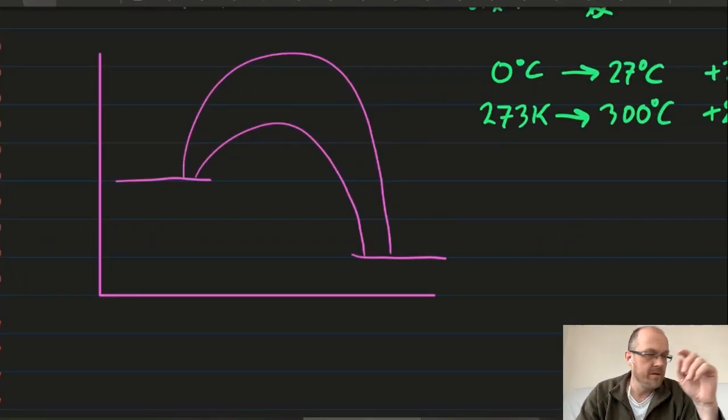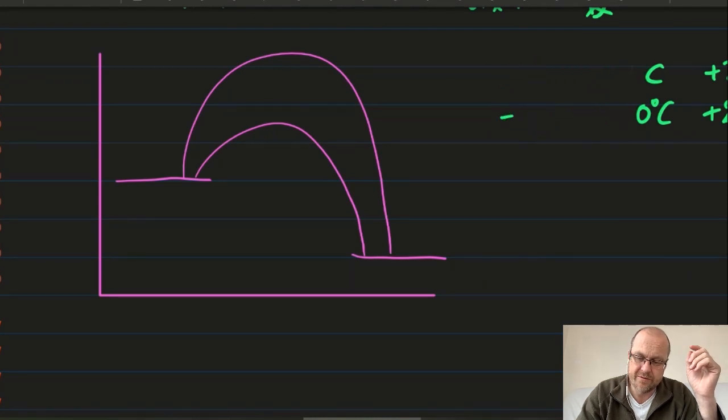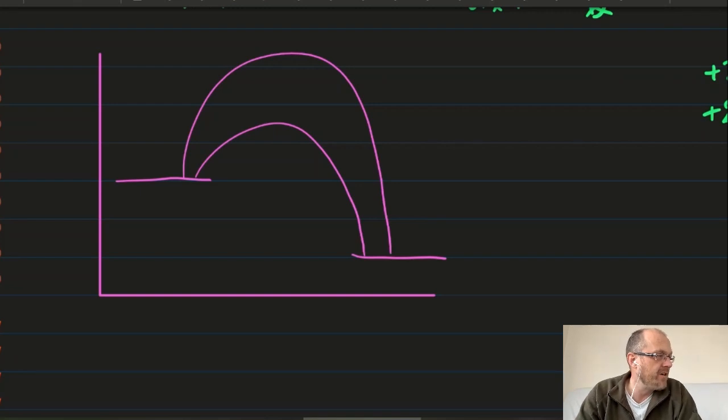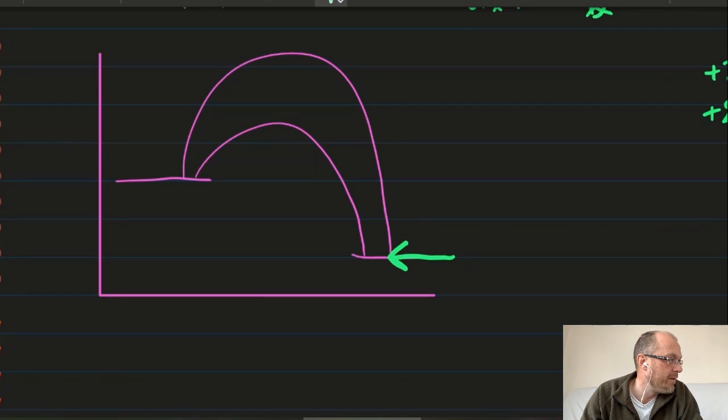16. Oof, that's a dog's breakfast of a diagram there, isn't it? The activation energy of the reverse reaction. So activation energy is how high is the bump you have to get over for these diagrams. So for the reverse reaction, if I'm going back this way, how high is the bump?